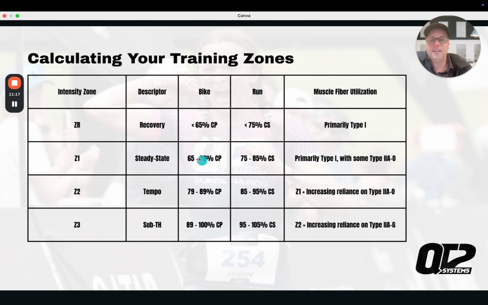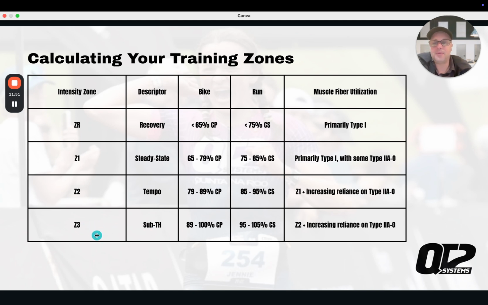Zone 1 is our steady state zone. It lives somewhere between 65 and 79% of critical power and 75% and 85% of critical speed. It's primarily type 1 with a little bit of type 2A oxidative. Okay. Zone 2, our tempo zone, is between 79 and 89% of critical power on the bike, 85 to 95% of critical speed on the run, and it is all of zone 1, plus an increasing reliance on type 2A oxidative fibers.